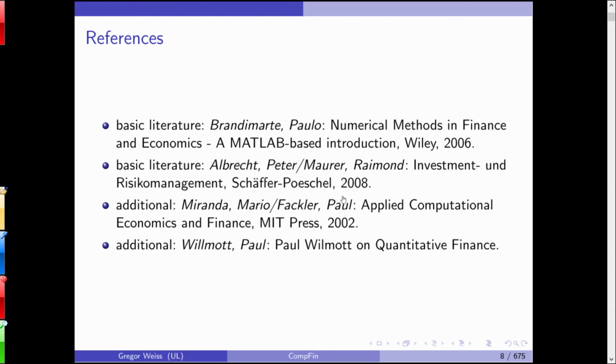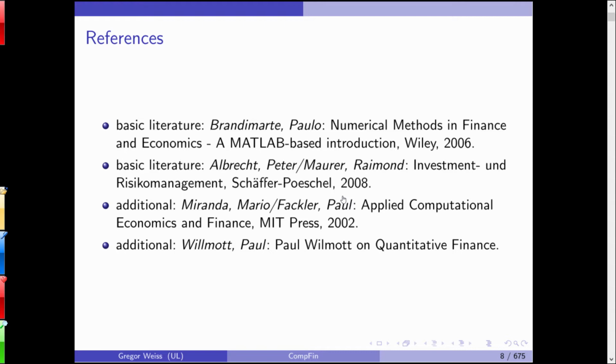Paul Wilmot is now he's a character. I think he did his PhD at Oxford or Cambridge in physics. He then went on to become a trader and quant in the city in London. And then at some point I think he put up his own investment fund, his own hedge fund, and he's now very active in teaching and consulting.